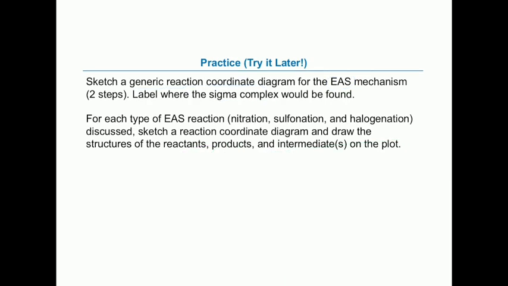So next, if we wanted to look at each species, let's say the nitration, sulfonation, halogenation, we could potentially make this a little bit more detailed. If we started off with, let's say, benzene on its own plus nitric acid, HNO3, plus sulfuric acid, H2SO4.